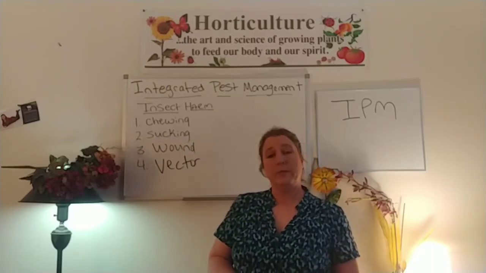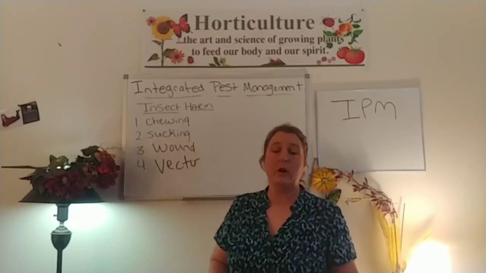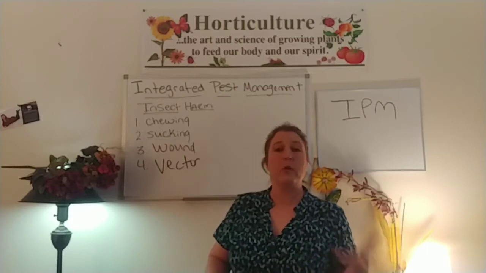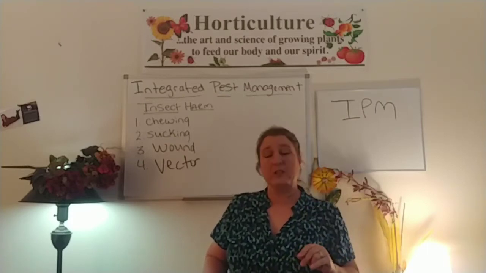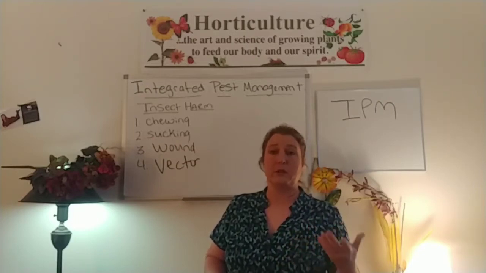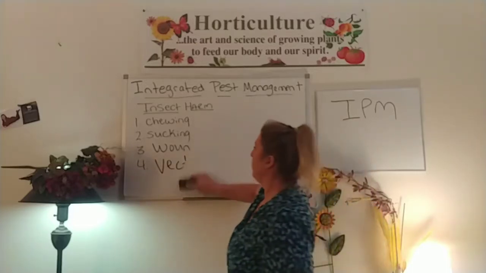So hopefully you understand what the term vector means. Vector meaning a carrier. So the insect itself can go from plant to plant carrying bad microorganisms, make a little wound by sucking or chewing, and introduce that bad microorganism to the plant. All right, so I just wanted to review that from the book.